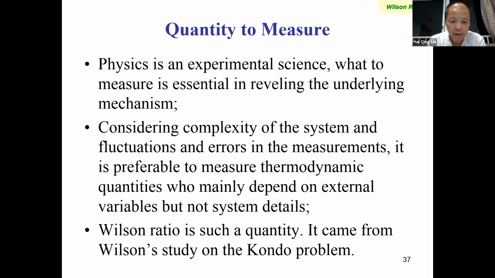So if you want to get a global picture, it is preferable to measure thermodynamic quantities rather than local quantities, because thermodynamic quantities only depend on the external variables, not on system details. And the Wilson ratio is exactly such a quantity, as I'm going to show you.